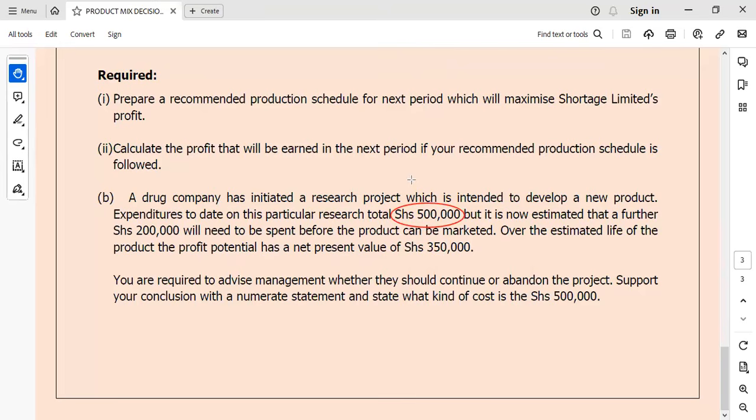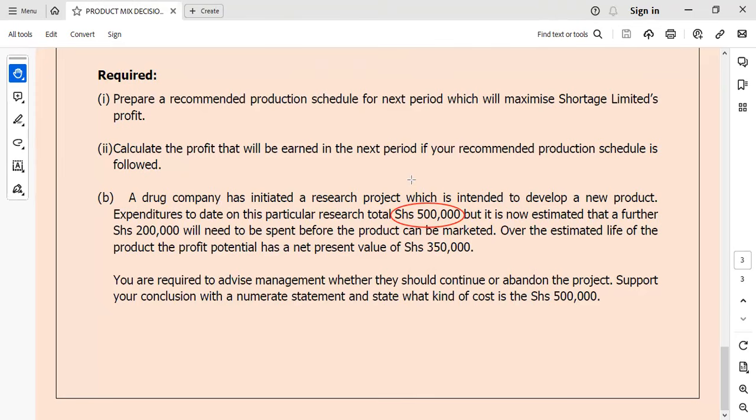So 200,000 is a relevant cost. Then over the expected life of the product, the profit potential has a net present value of shillings 350,000. This is a future benefit. So it's relevant.